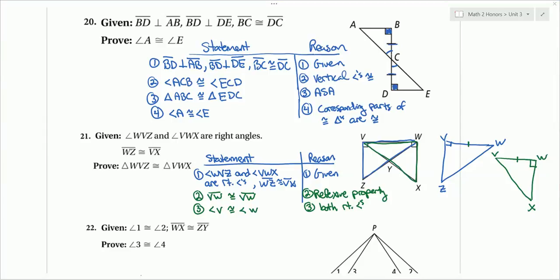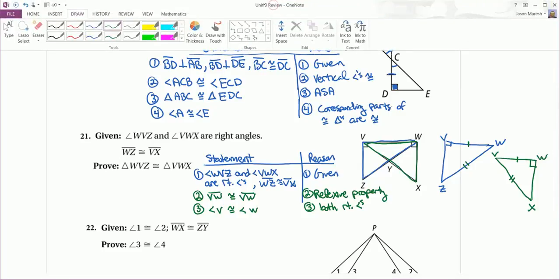And then we haven't marked this yet, but in the given we have WZ is congruent to VX. And both these are right triangles, and they both have corresponding congruent hypotenuse and corresponding congruent legs, and so we can say that the triangles are congruent by hypotenuse leg.